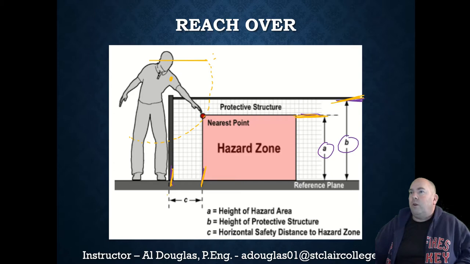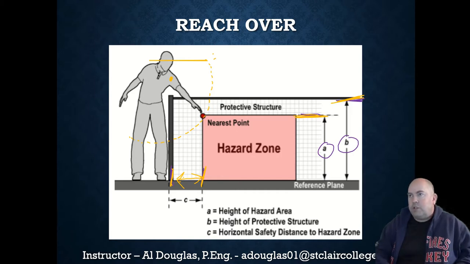So the taller the hazard is, the further it needs to be from the fence. Or the taller the fence is, the closer you are allowed to bring the hazard to it, because it impedes his ability to reach over it. The shorter the fence is, the further away the hazard needs to be.